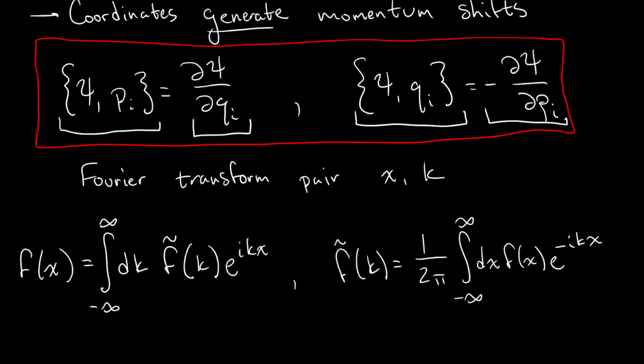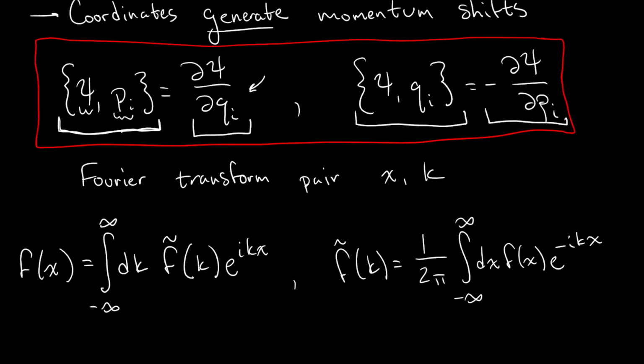And now what I'm going to do, so here I have some operator, right? It's my Poisson bracket, essentially an operator. It's got derivatives living in it, so on and so forth. With the function that I care about, as well as one of my coordinates, and that spits out a derivative.